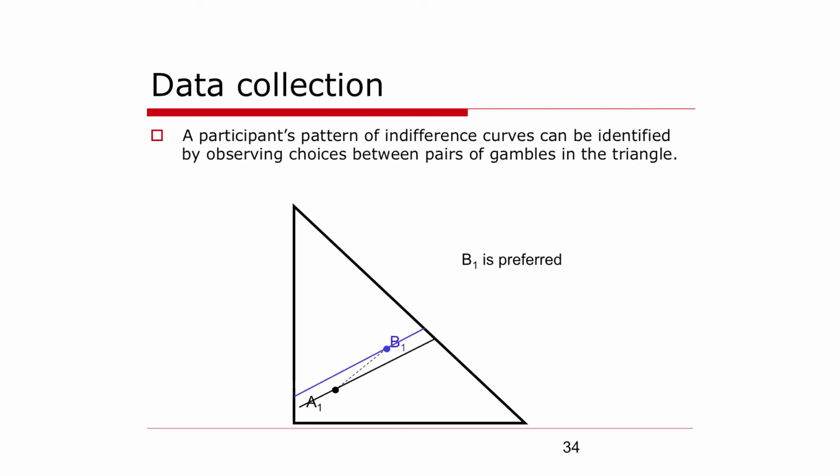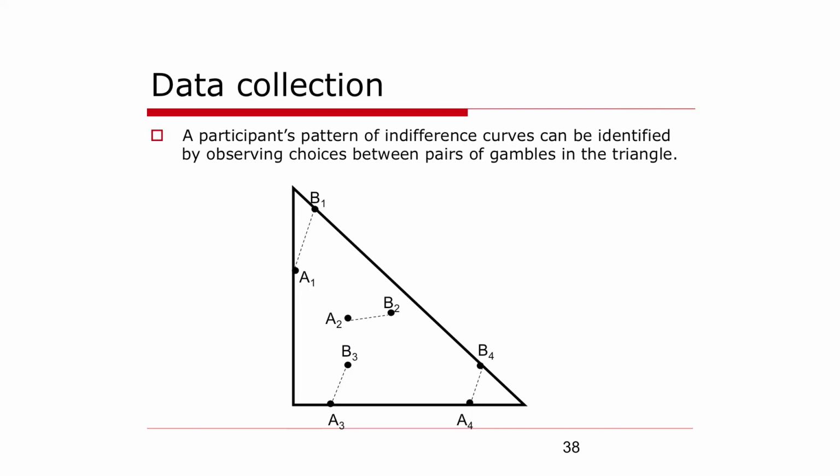So when you present this gamble pair and assume that the underlying behavior is captured by EU, if you observe that A1 is preferred, then the utility indifference curve should be something like that. On the other hand, if it's B1, then the curve will have a much lower slope. So that's how you can make qualitatively different predictions, even within the EU.